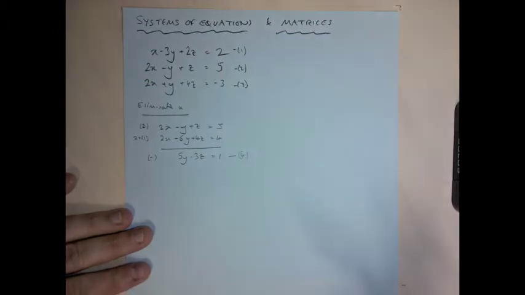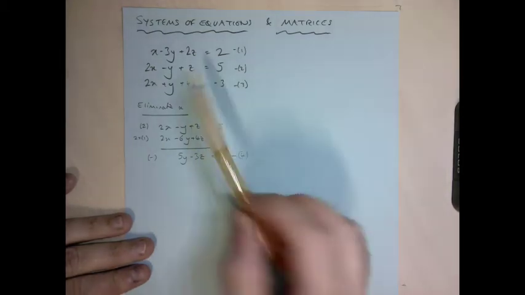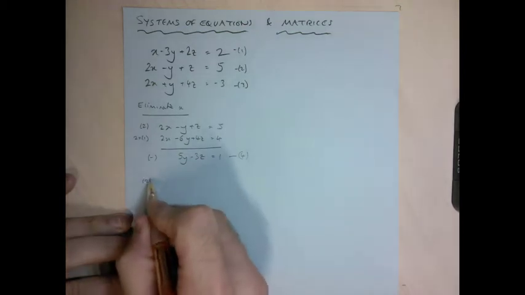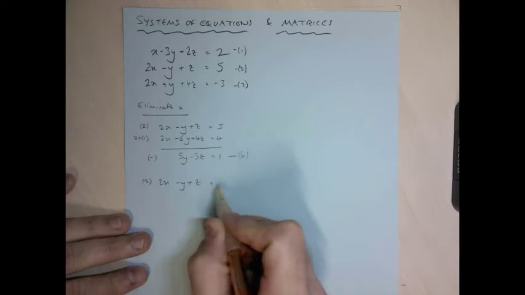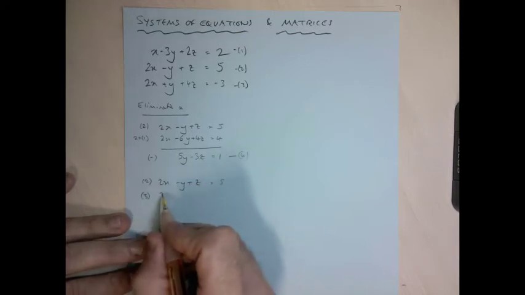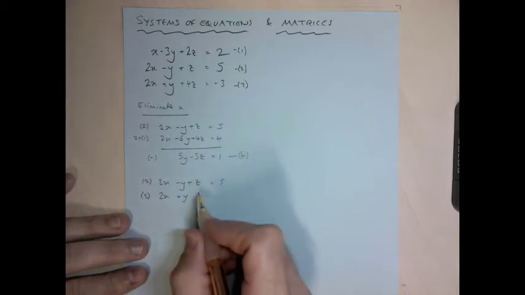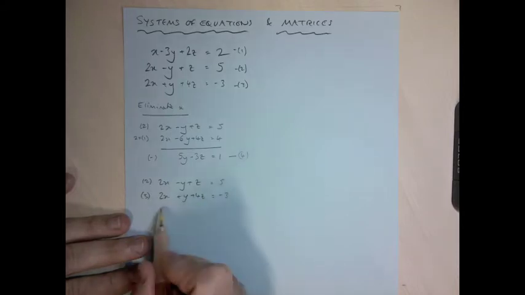x eliminated from there. I'm now going to eliminate x from another pair of equations. Let's do 2 and 3. Equation 2: 2x minus y plus z is 5. Equation 3: 2x plus y plus 4z is minus 3.